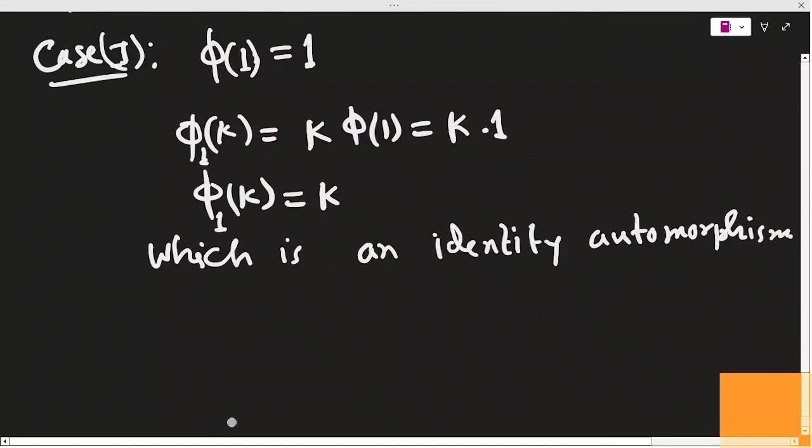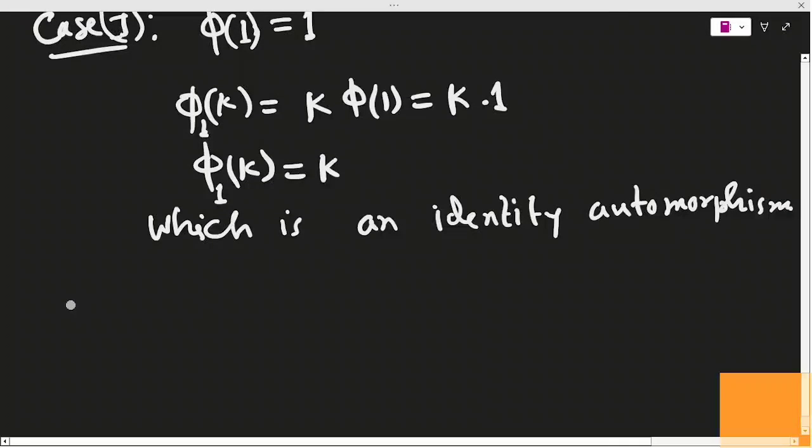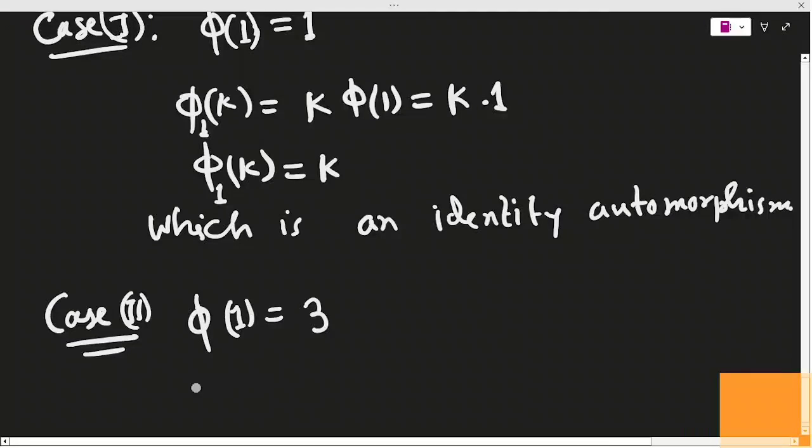Next, phi of 1 can be something else too, right? Case 2. Phi of 1 is equal to what can it be? It can be 3.